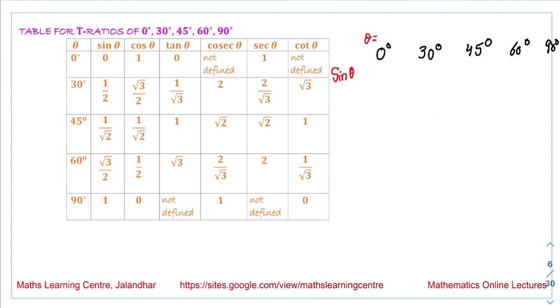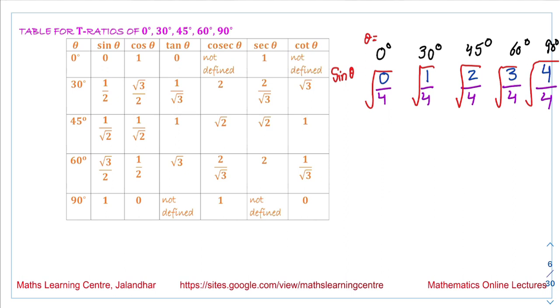We can write it as 0, 1, 2, 3, 4. Write these values first. In the next step, divide all these values by 4. Then the next step is to put a square root on all these values.